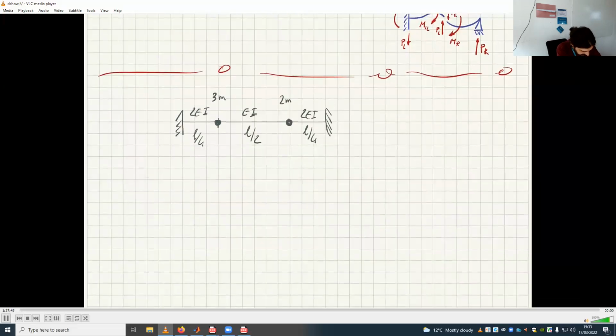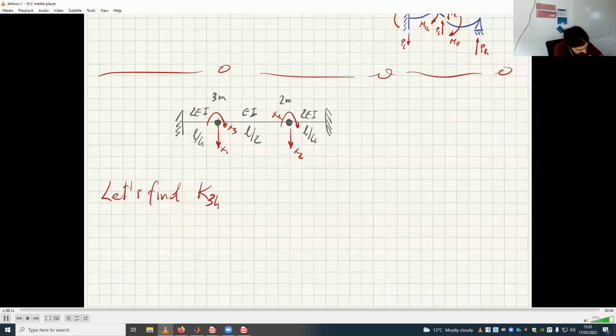Okay, so let's find K34. And I believe that these are labeled in the same way. So this is X1, this is X2, this is X3, and this one is X4.